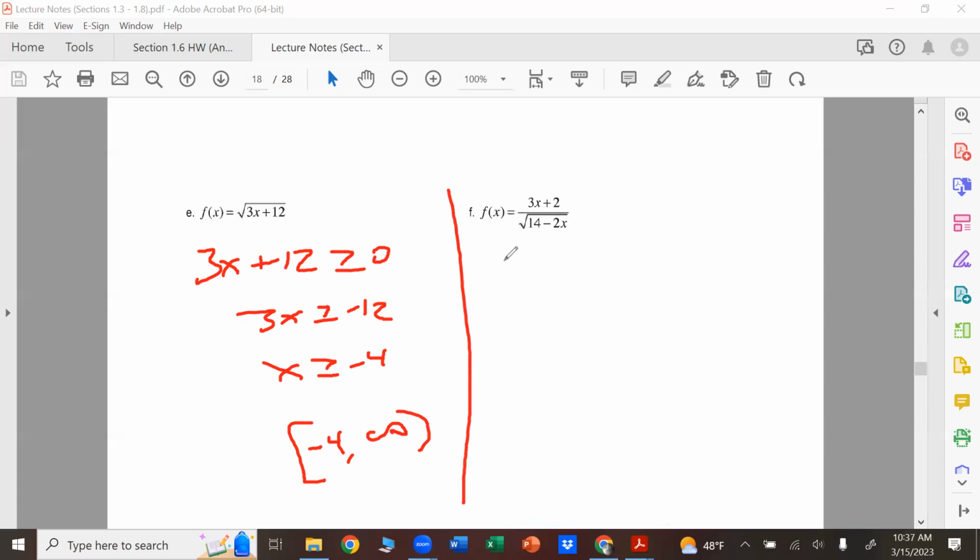Now for this one here, again, 14 minus 2x must be, well, it can't be 0. So you're not going to do greater than or equal to, because it's in the bottom.